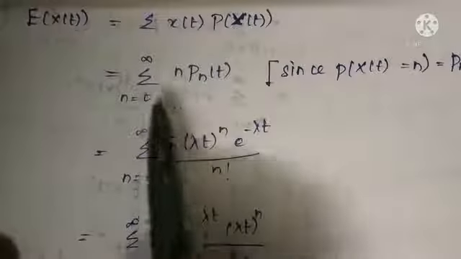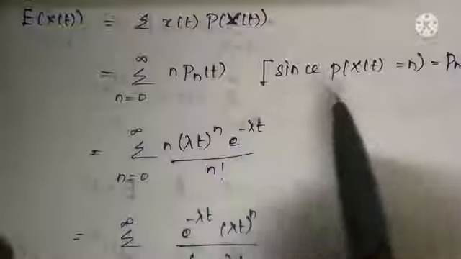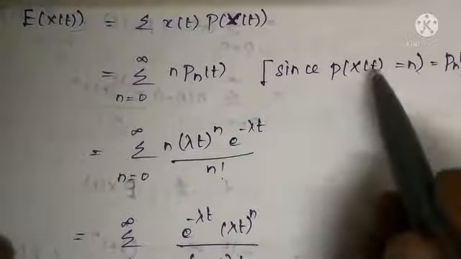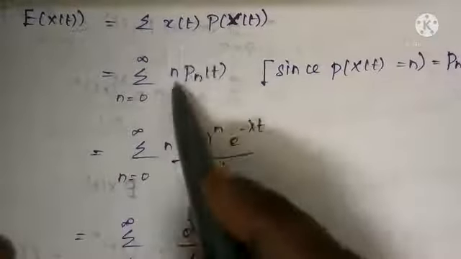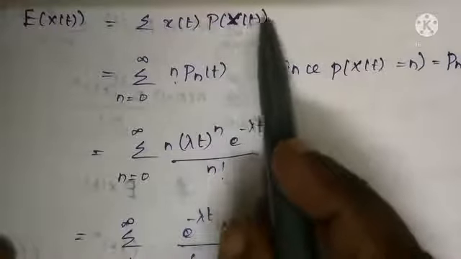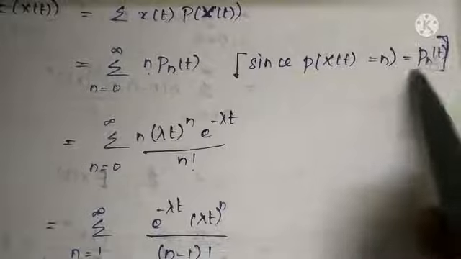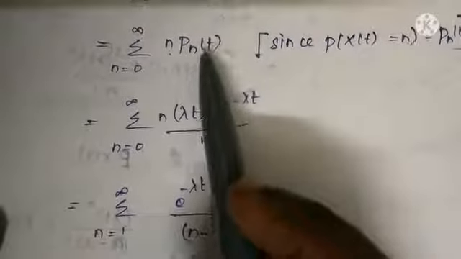We know n takes values 0 to infinity here. And x of t I consider, listen here, x of t is n. I consider there are n occurrences in the interval 0, t. So x of t is equal to n. Here also x of t is n. P of x of t equal to n can be written as Pn of t. You should know both notations. Pn of t, just now we proved.